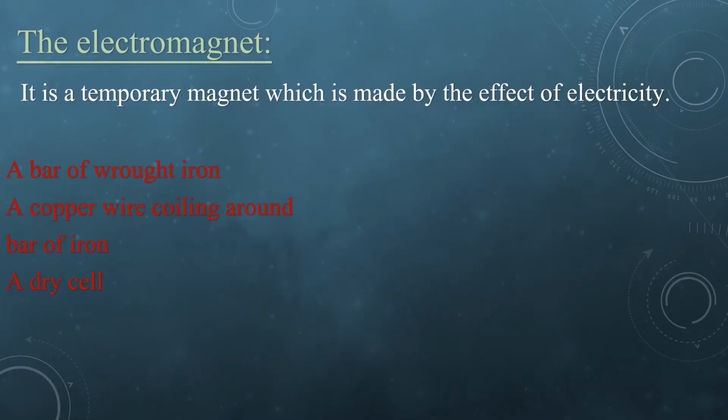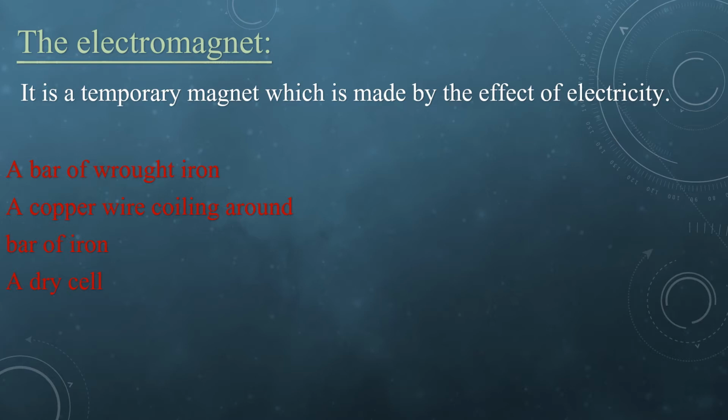So the electromagnet is a temporary magnet which is made by the effect of electricity. And temporary means for a while, not permanent. It consists of a bar of wrought iron, a copper wire coiling around the bar of iron, and a dry cell.